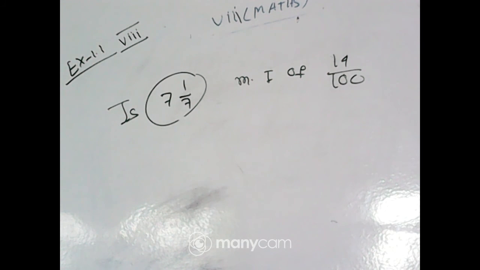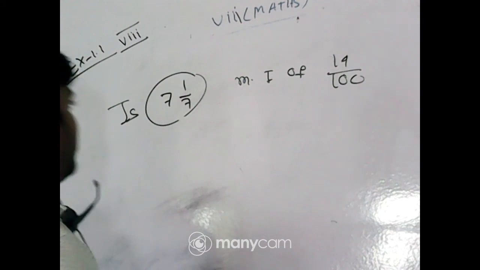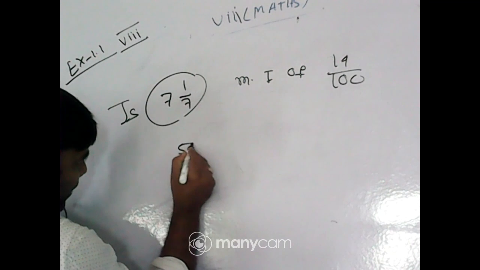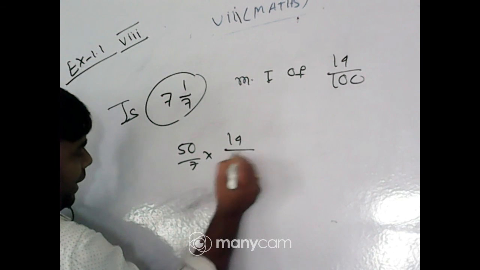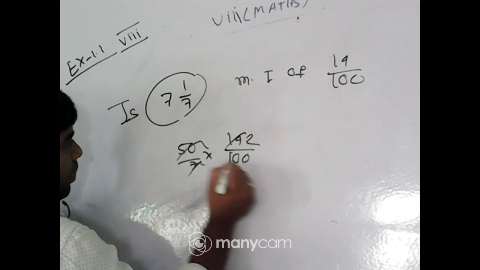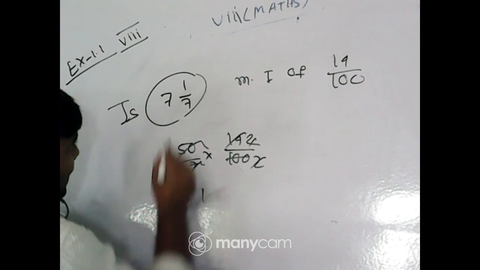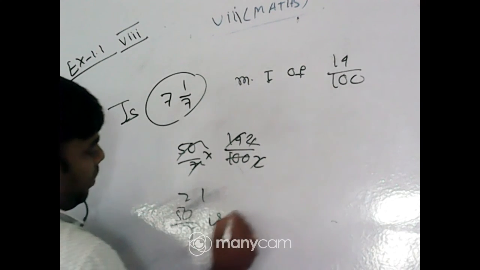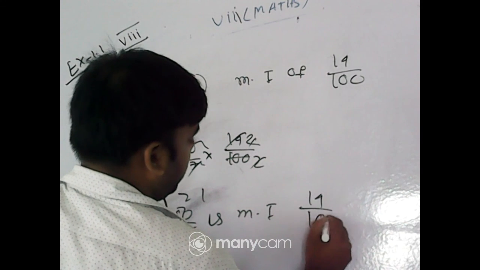Yes. Actually it is yes, because 7 whole 1 by 7 is 50 by 7. If you multiply it by 14 by 100, the factors cancel and you get 1, so 50 by 7 is the multiplicative inverse of 14 by 100. Clear?